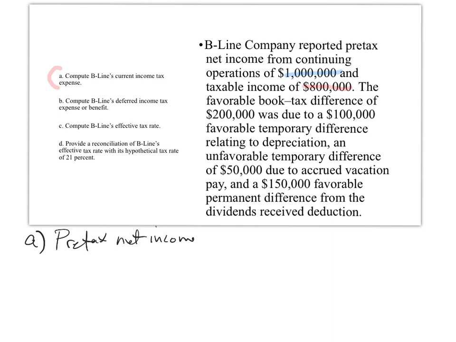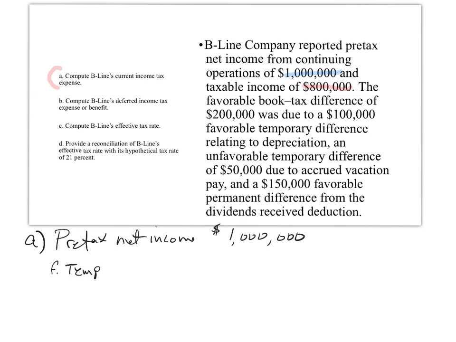So our pre-tax net income is given to us, and that's $1 million. Now let's look at our temporary differences first. So favorable temporary differences are $100,000.